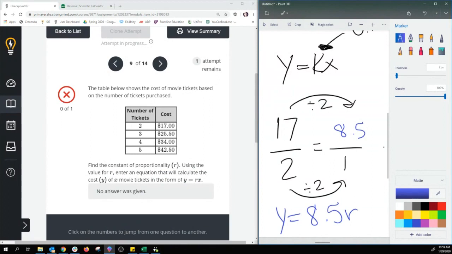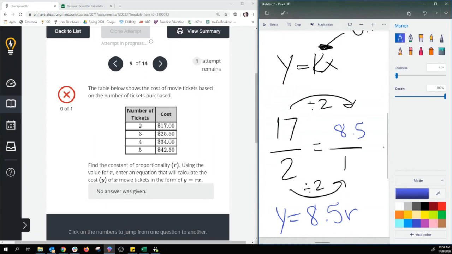So anytime you are asked to write an equation, the number that is in your equation is always going to be the unit rate. Okay, so we're using unit rates for this whole unit, all of unit 2. So anytime it's like write an equation, always start with your unit rate and see if once you have your unit rate, you can kind of tell where to go from there.